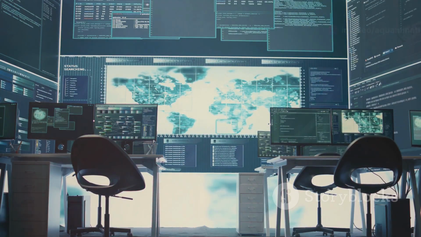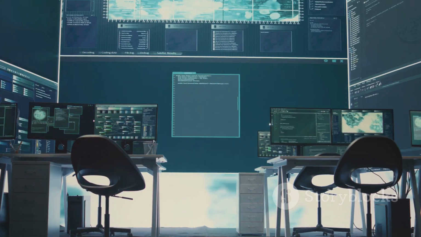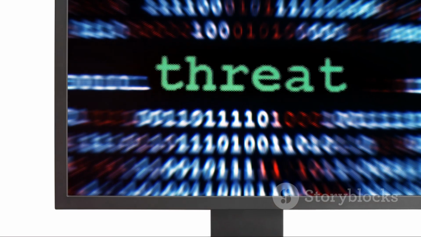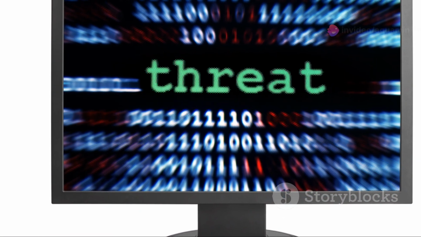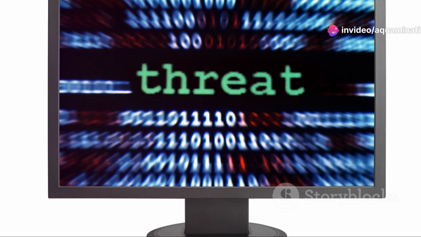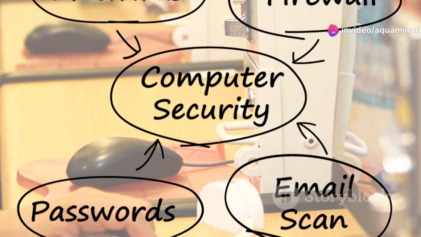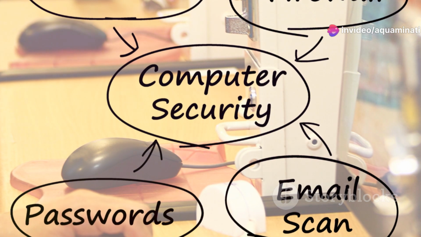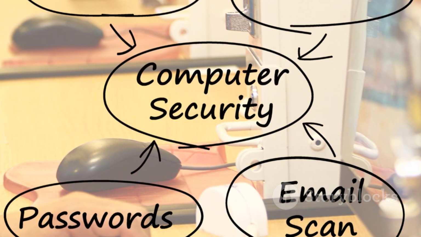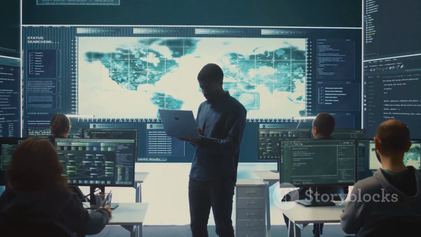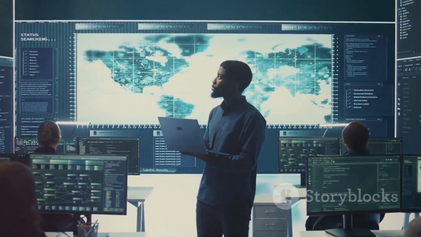STRIDE and DREAD are two popular threat modeling frameworks. STRIDE stands for spoofing, tampering, repudiation, information disclosure, denial of service, and elevation of privilege. It helps identify threats based on these 6 categories.